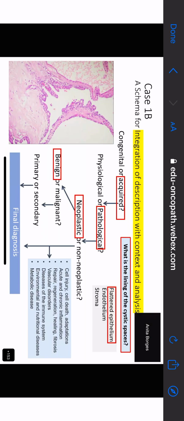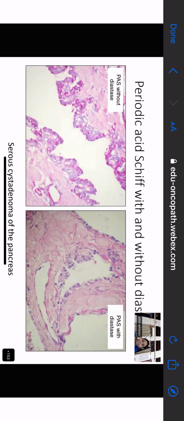Well, let us find out. What is it, Suveta? PAS without diastase demonstrates glycogen. How? Sorry, mucin, ma'am. Okay. And what have I done on the other side?